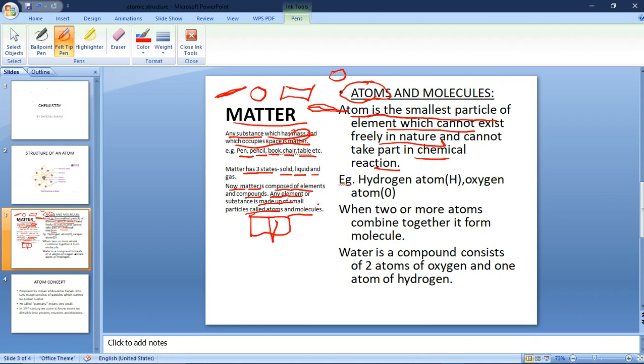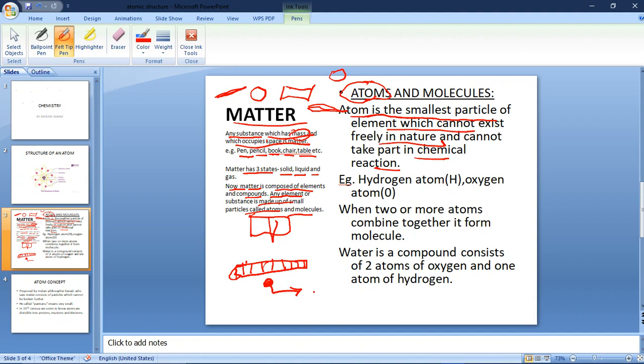So what is an atom? Atom is the smallest particle. Suppose this is a pencil. Pencil is a matter, it is a solid. If we break and divide it into small pieces, the smallest piece of the pencil which cannot be divided further, suppose this is the smallest piece of the pencil.